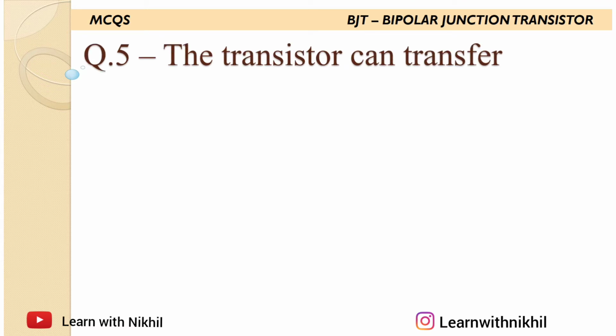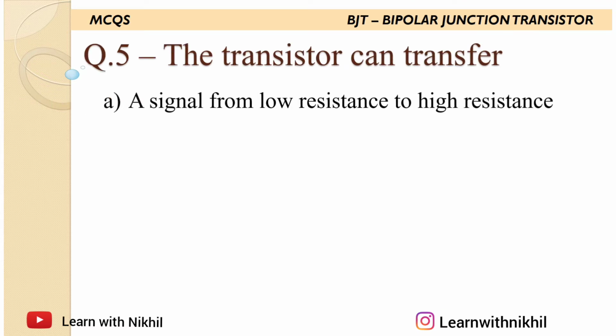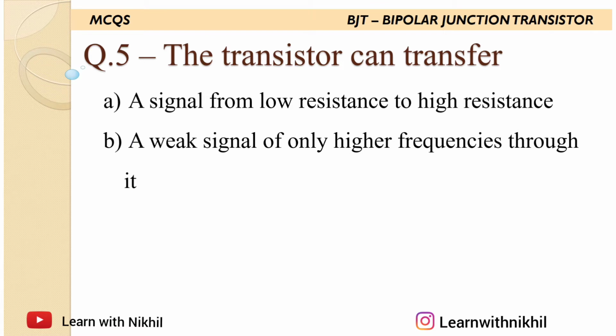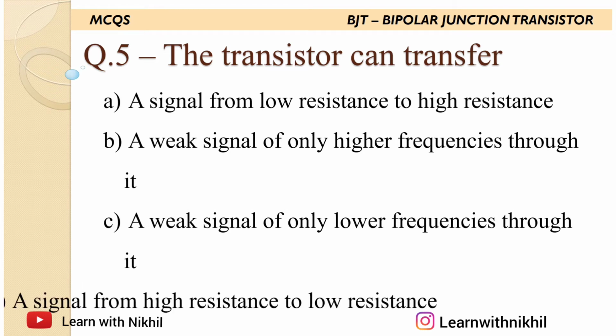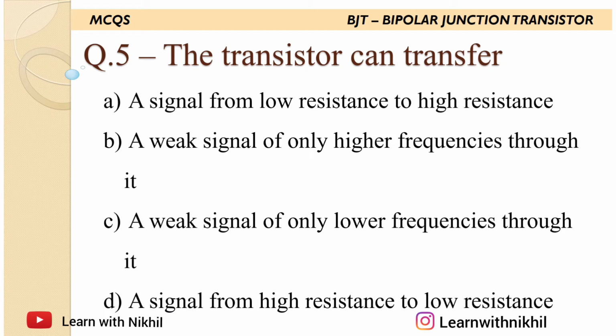The transistor can transfer A, a signal from low resistance to high resistance; B, a weak signal of only high frequencies through it; C, a weak signal of only lower frequencies through it; or D, a signal from high resistance to low resistance. And the answer is A.